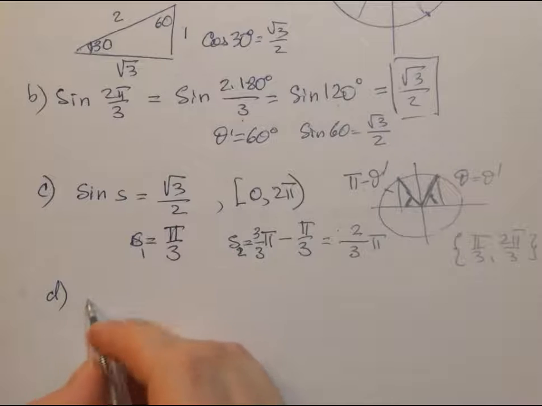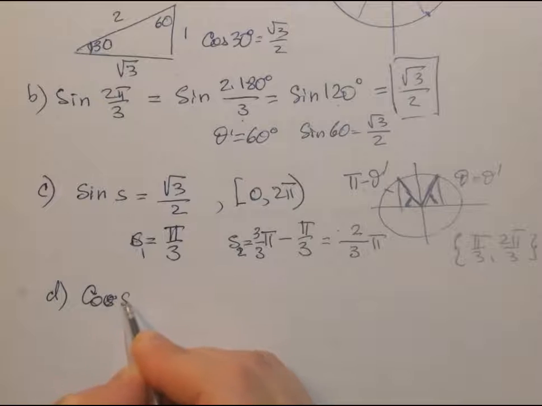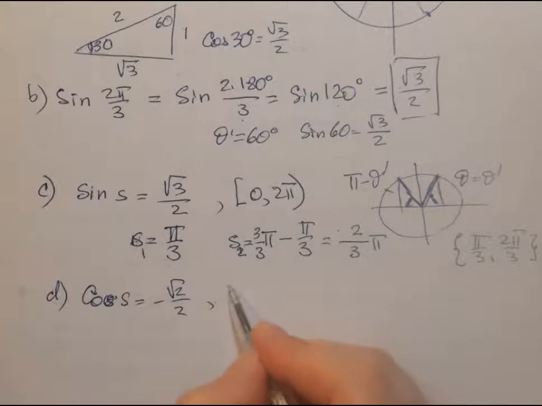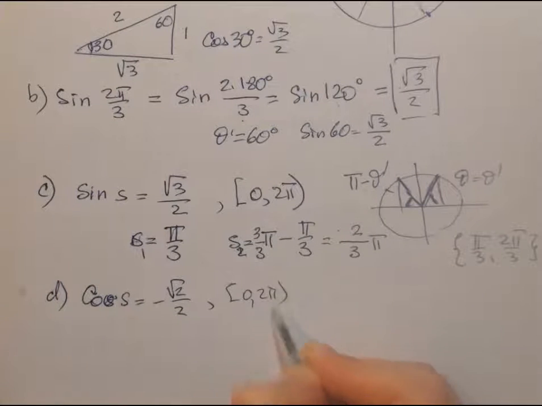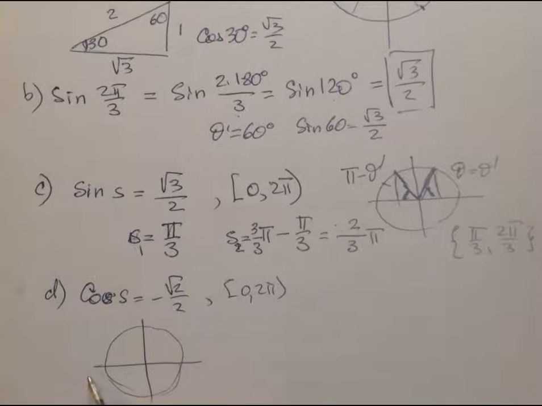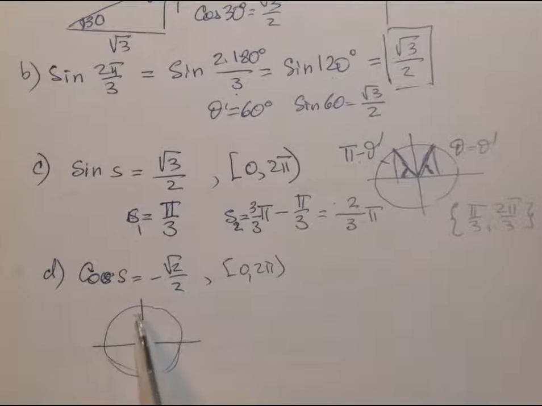Let us find s if cosine s equals negative square root of 2 over 2 on the same interval from 0 to 2 pi. Let us sketch two possible angles. As usual, there are two. Cosine is x over r, so we look at the x component. X is negative, so we will have two different angles, in the second and in the third quadrant.